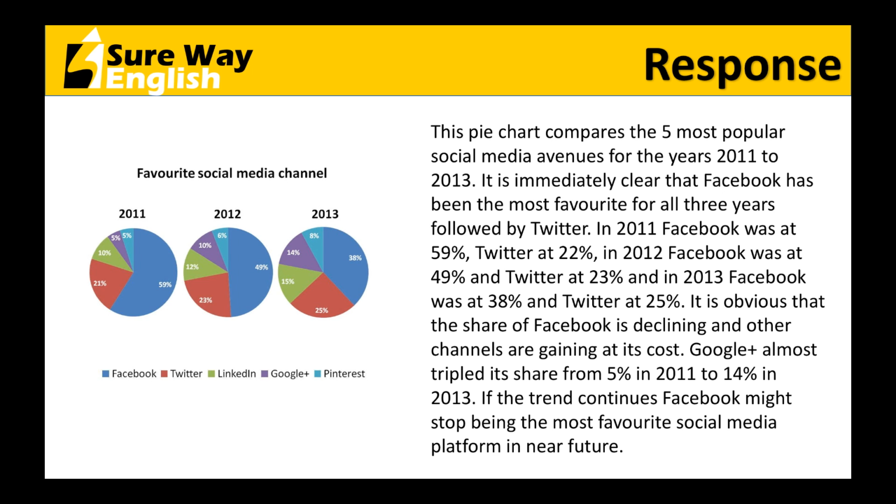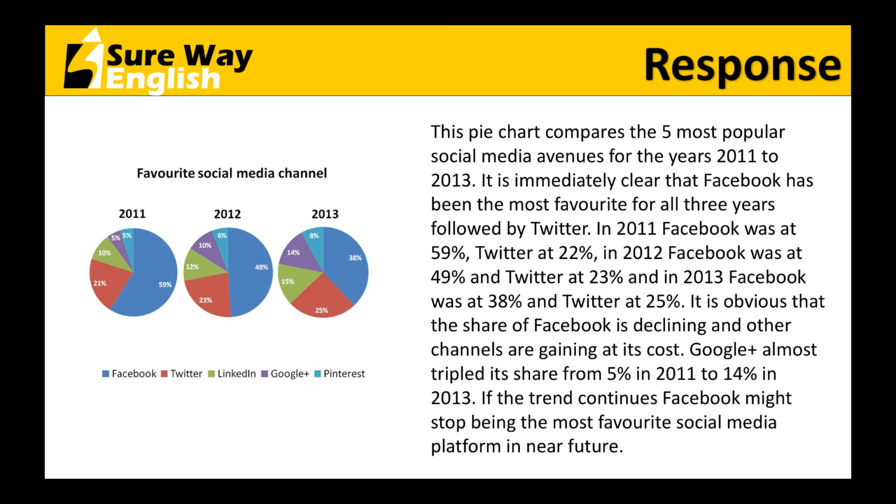This pie chart compares the 5 most popular social media avenues for the year 2011 to 2013. It's immediately clear that Facebook has been the most favorite for all 3 years, followed by Twitter. In 2011, Facebook was at 59%, Twitter at 22%. In 2012, Facebook was at 49% and Twitter at 23%.